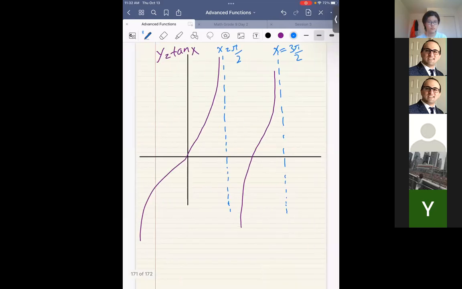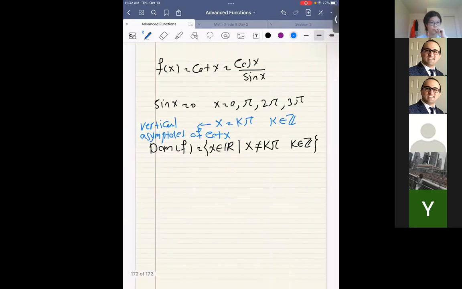It's quite similar, except that the asymptotes are 0, pi, and so on.